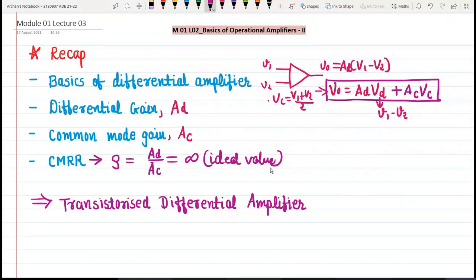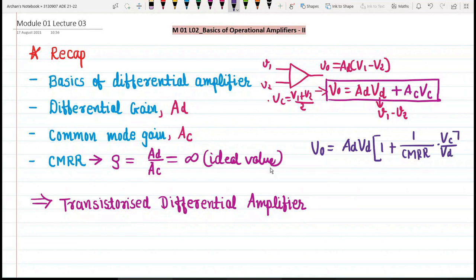We also defined the expression of output voltage in terms of CMRR, and that equation was AD times VD into (1 plus 1 over CMRR into VC by VD).